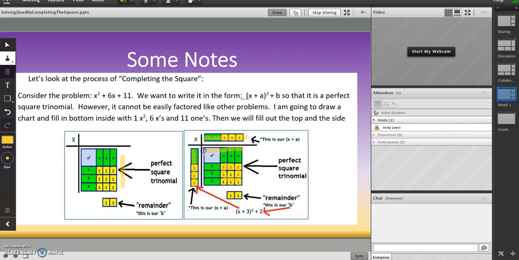You're making a square, or you can think of it as making it possible so that there's a square component. And then it's x plus or minus something right here, and then some number right there. So you're making it possible to complete that square component.